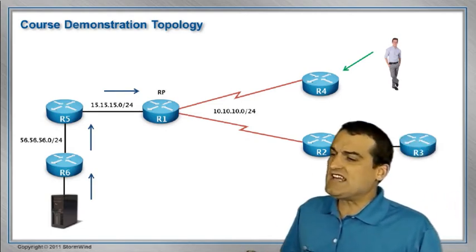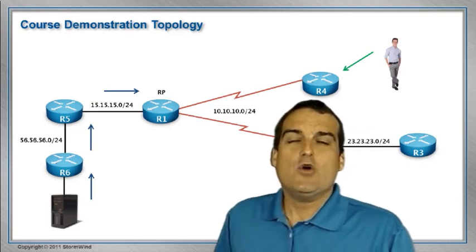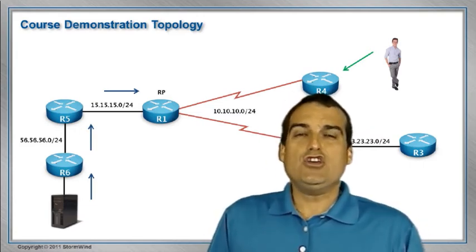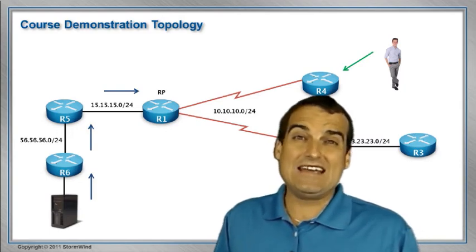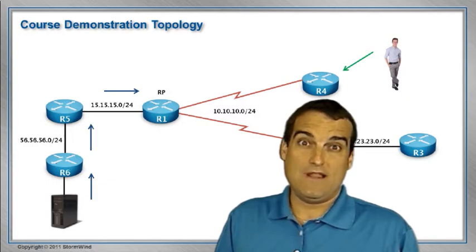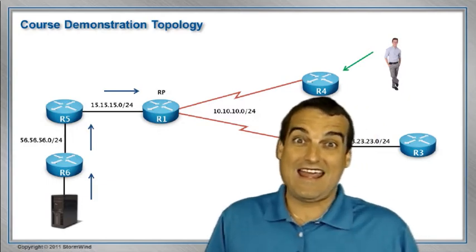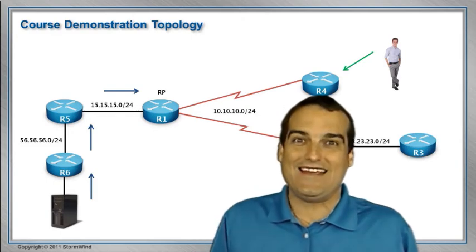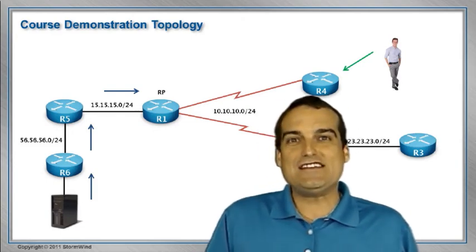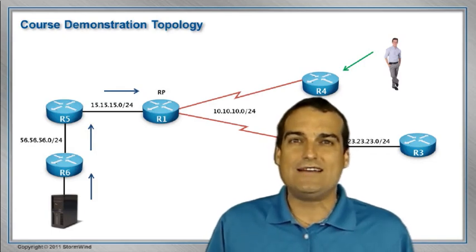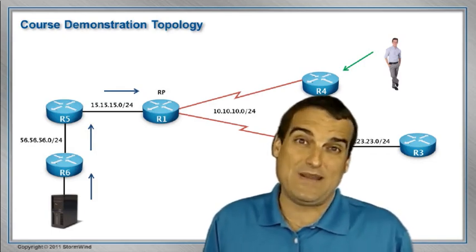When it comes to setting up AutoRP, we have two ingredients that are involved. You have what's called the candidate RP that wants to be the rendezvous point. You have a router that's saying, hey, I want to be that RP, please let me. And then you've got a device that's responsible for telling all the other routers about that. I call this device the mapping agent.